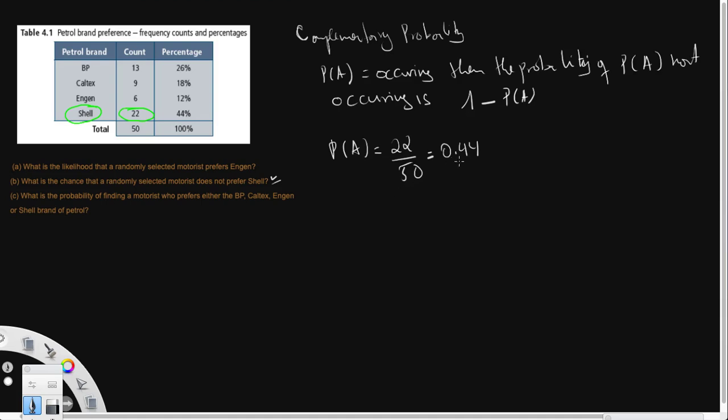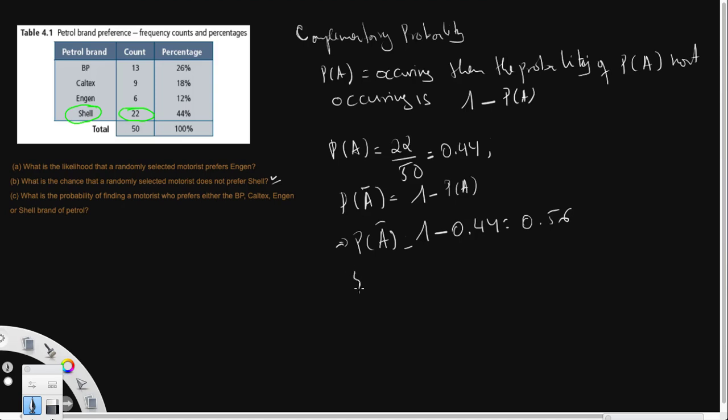Therefore, the complement, which I'm going to represent here as A-bar, will be 1 minus P of A. For our scenario, this is equal to 1 minus 0.44, which is 0.56 based on our complementary rule.